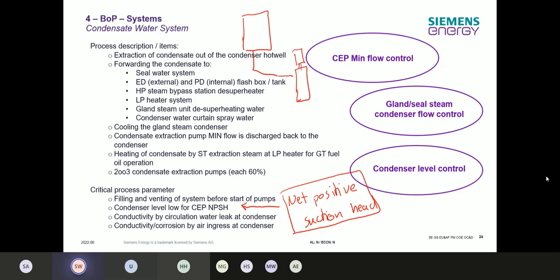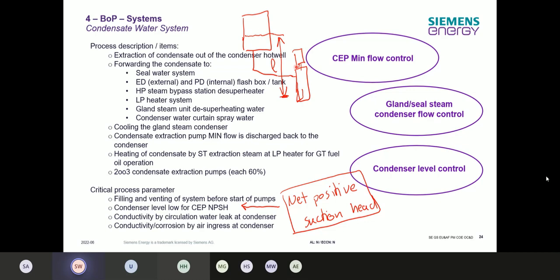The CP pumps make sure that they're going down, and you have a certain pre-pressure from the level of the condenser to the suction side of the pump. So there's a certain level you need to have to get the right suction side pressure for the CP pump.